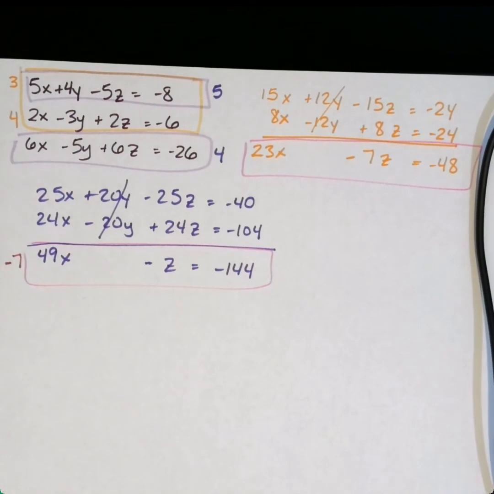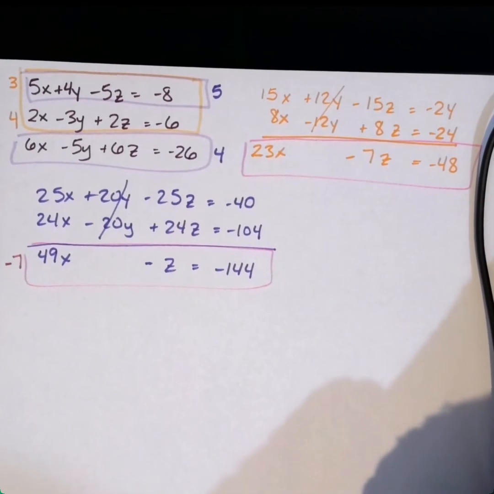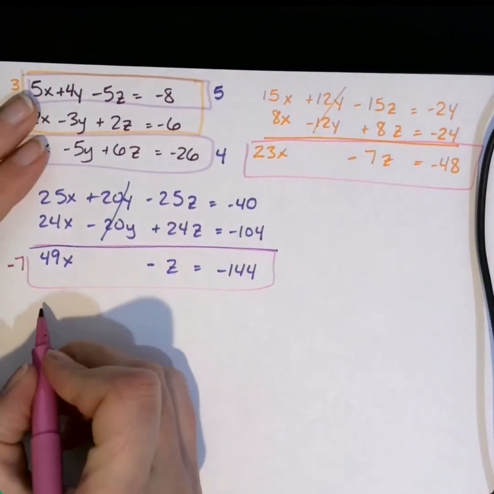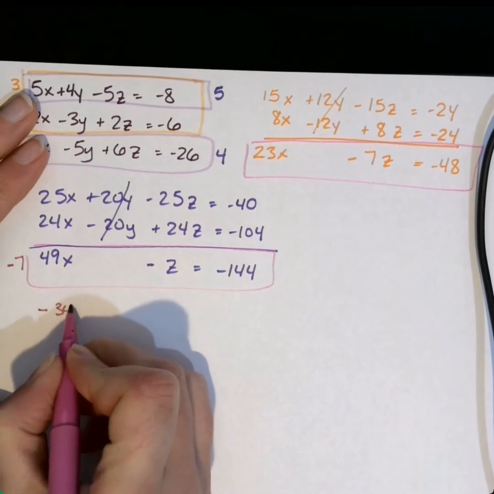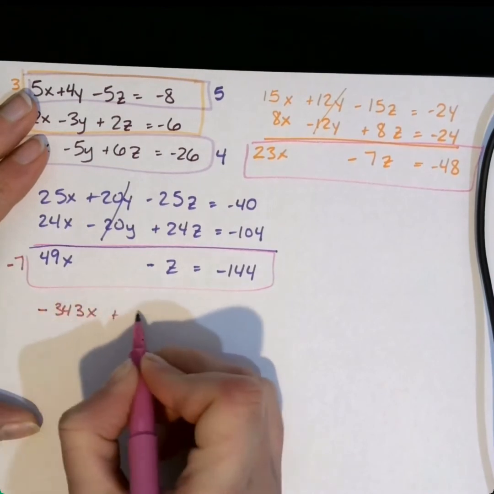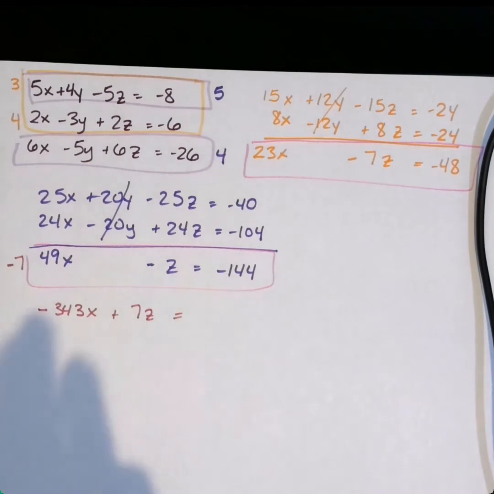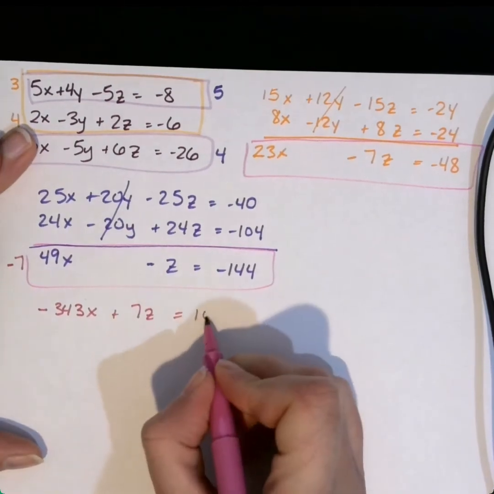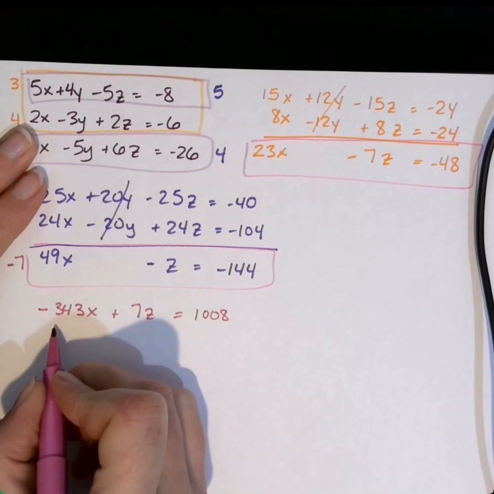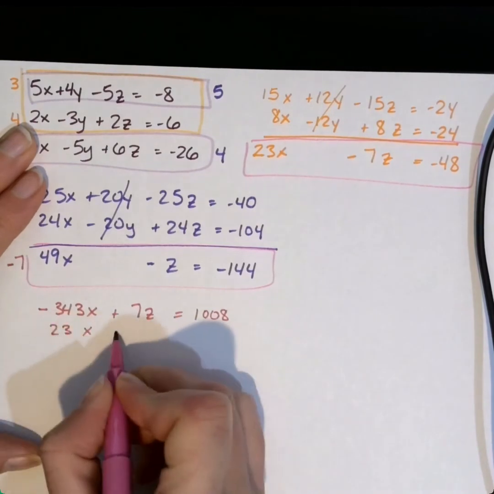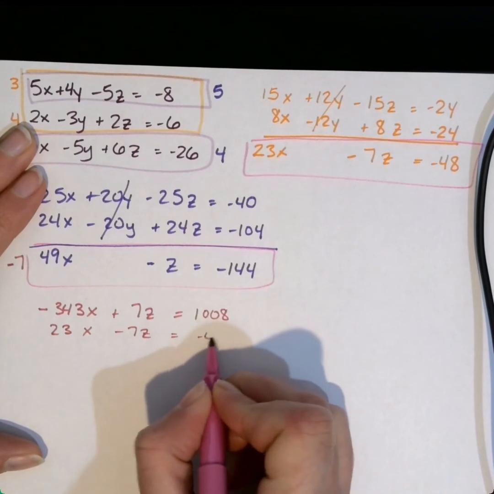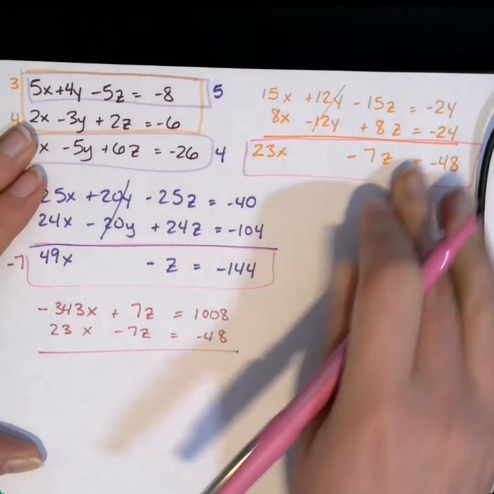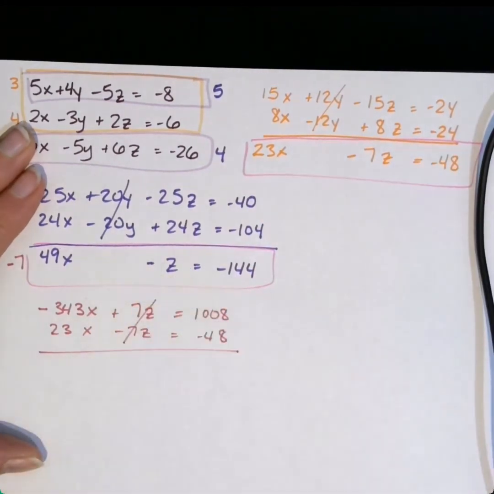And again, I'm just going to type in my calculator real quick, 49 times negative 7. So this gives me negative 343x plus 7z, and then negative 7 times 144 gives me 1008, and then I can write down my other equation with no changes because it had already had the negative 7z to add to that positive 7z and get to 0.